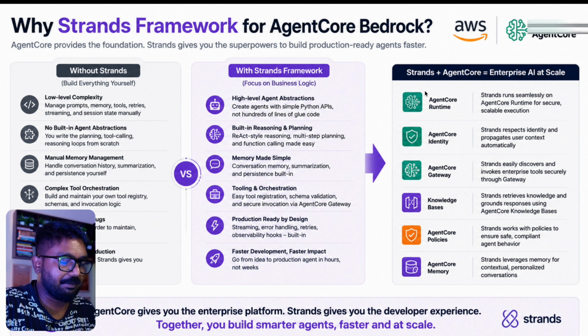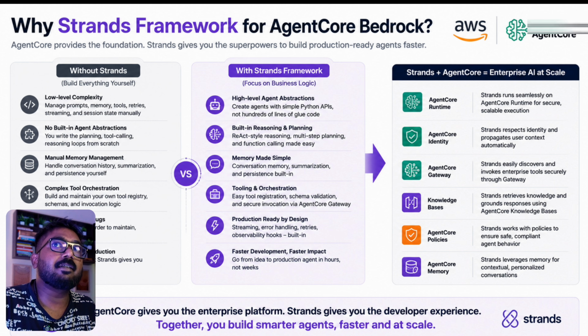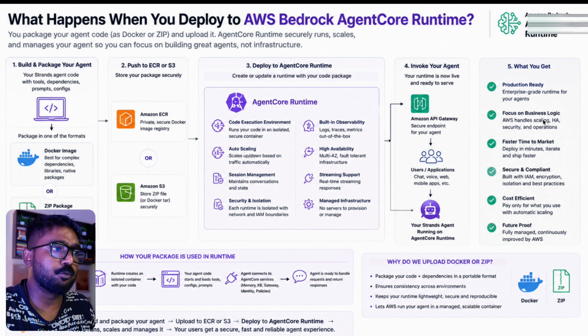This is why we need Strands as a framework to connect with AgentCore services and build applications at scale. By scale I mean, let's say you are getting 10,000 customers every day, or 1,000 concurrent customers every second. For these kinds of enterprise applications, you need these two tools.